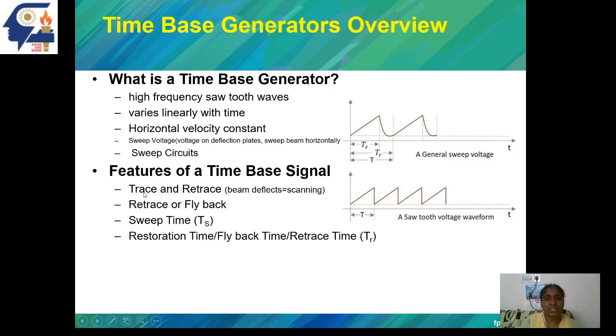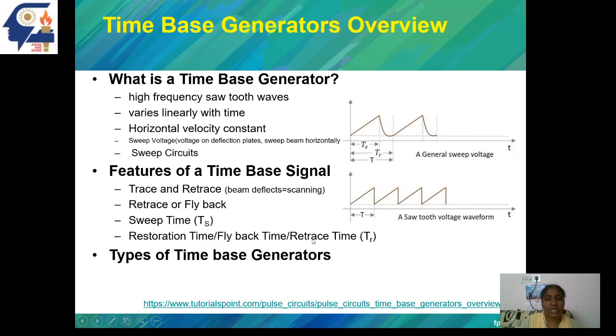When the beam sweeps from left to right, that is the trace; if it is right to left, that is the retrace, otherwise called flyback. The time for which the linear variation occurs is called sweep time, and the time taken to restore back to the initial value is called restoration time, also called flyback time or retrace time.